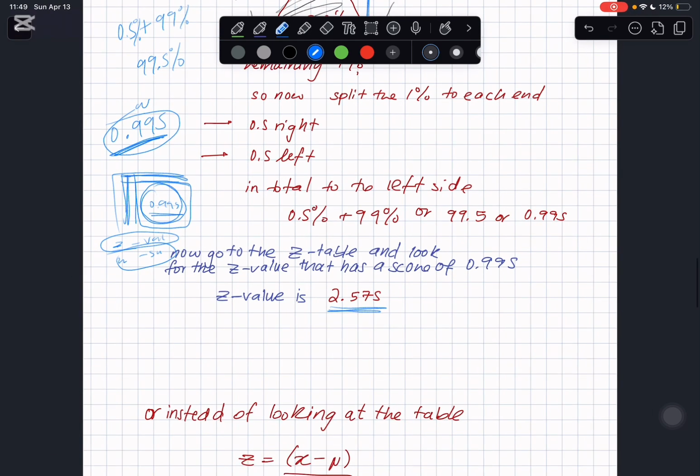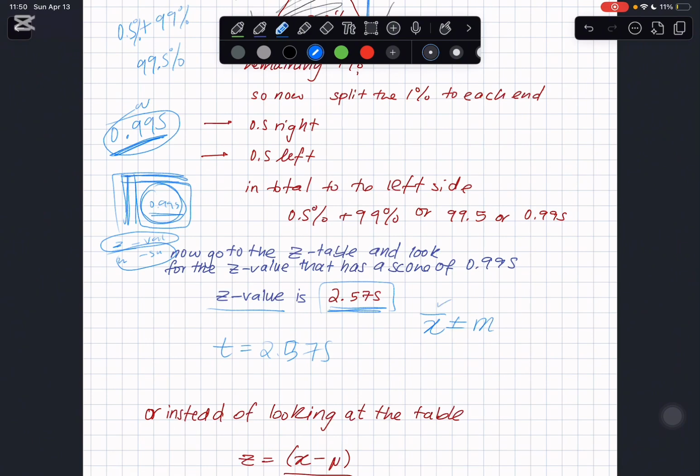So now we found the T value, or the Z value from the table, because we said the Z value is actually like the T value when it's over 30. The T value now is 2.575. And what did we want to do in the end? We wanted to do x bar plus or minus the margin of error.